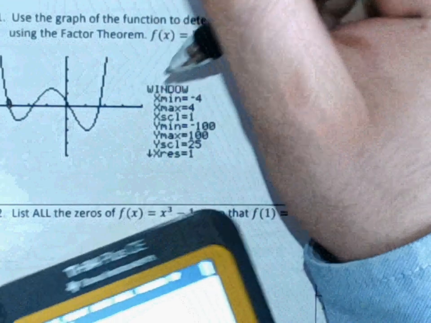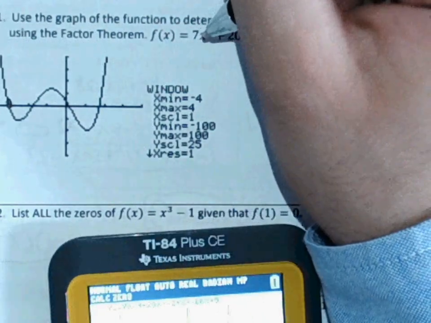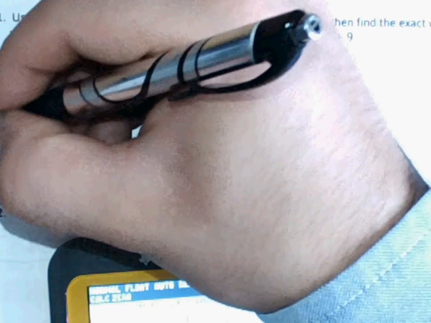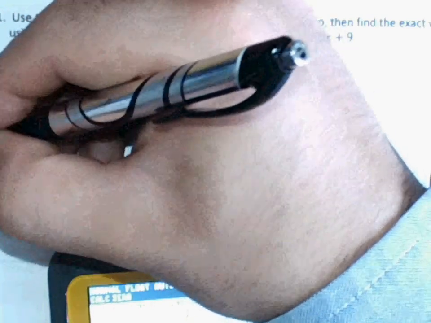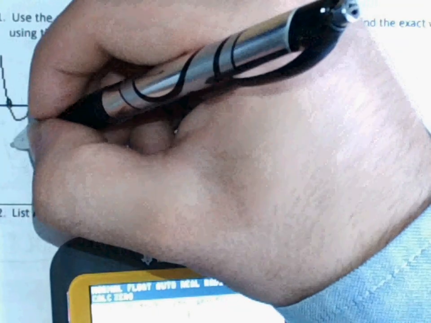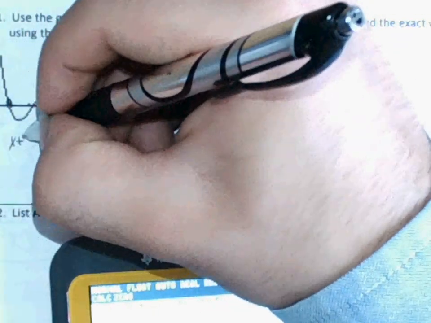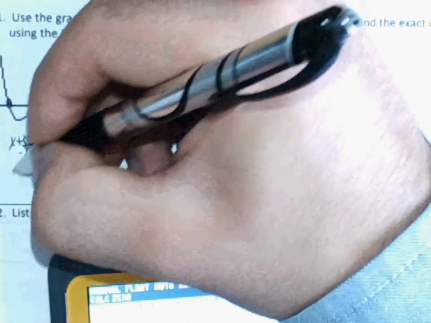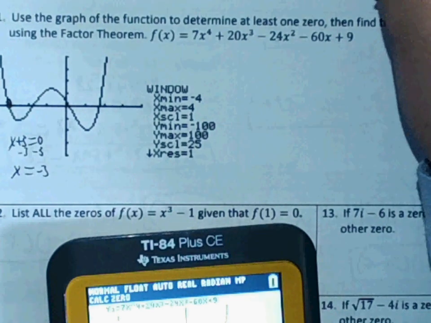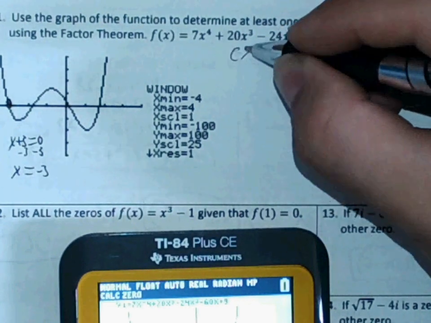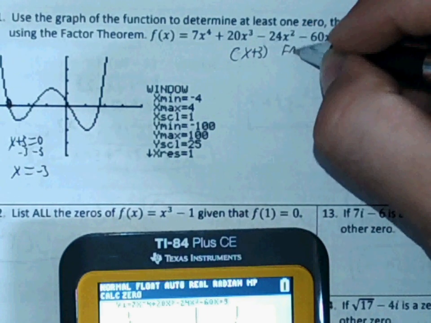So if we have a 0 at -3, that means a factor is going to be x plus 3, because if x plus 3 equals 0, subtract 3 from each side, x is equal to -3. So x plus 3 is a factor.